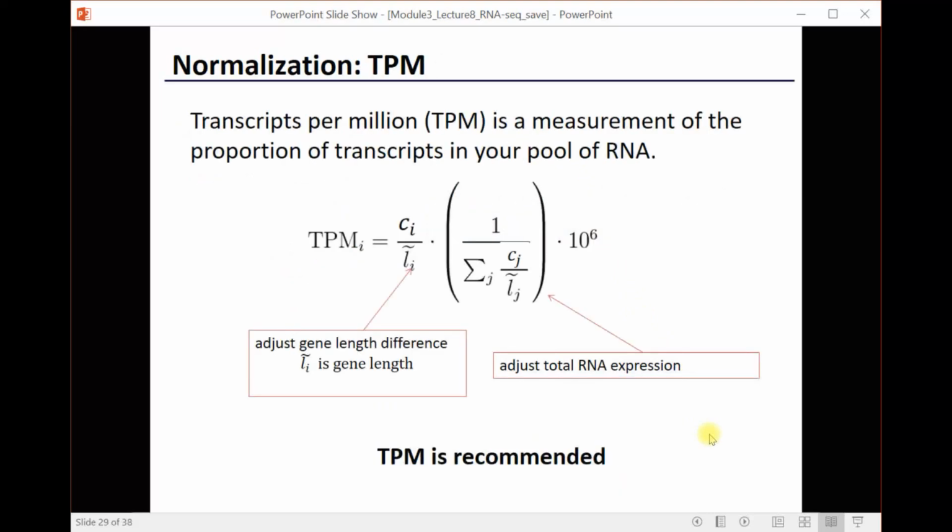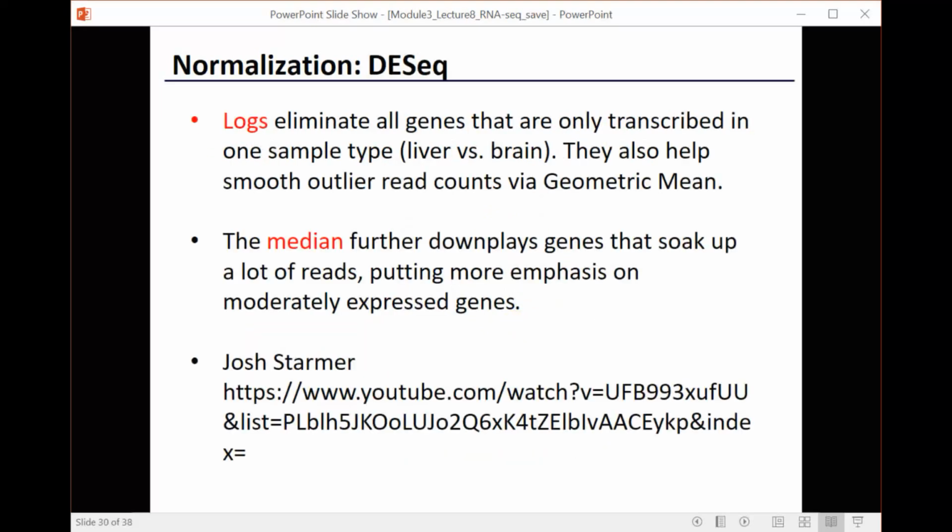TPM is transcripts per million. It's another normalization method that is recommended over FPKM because it can not only compare genes within one sample, but can also compare genes between different samples. It first adjusts for the transcript length, and it also adjusts for the total RNA expression. The third normalization method is used in the software called DESeq or DESeq2.